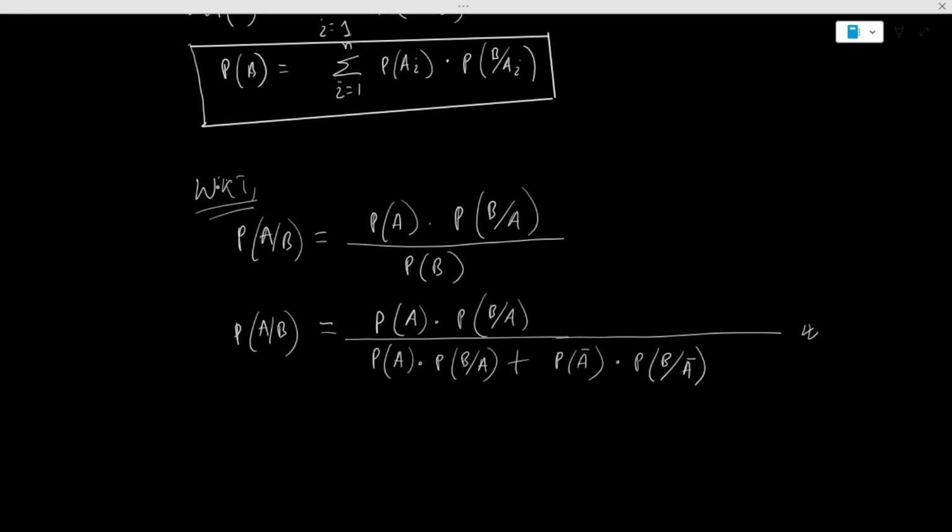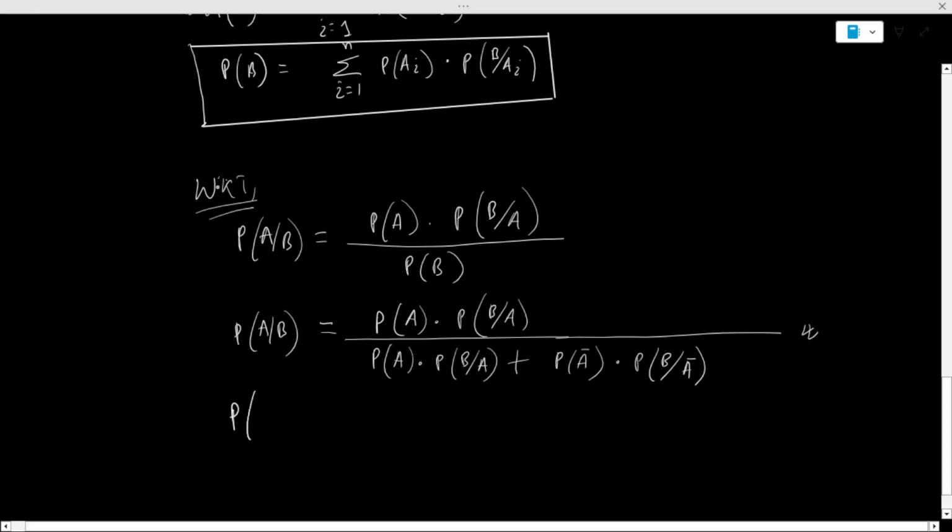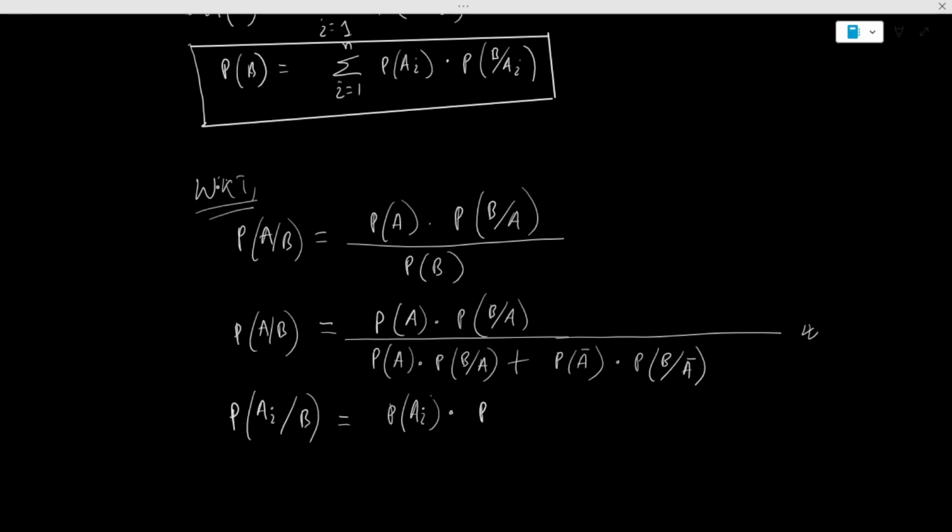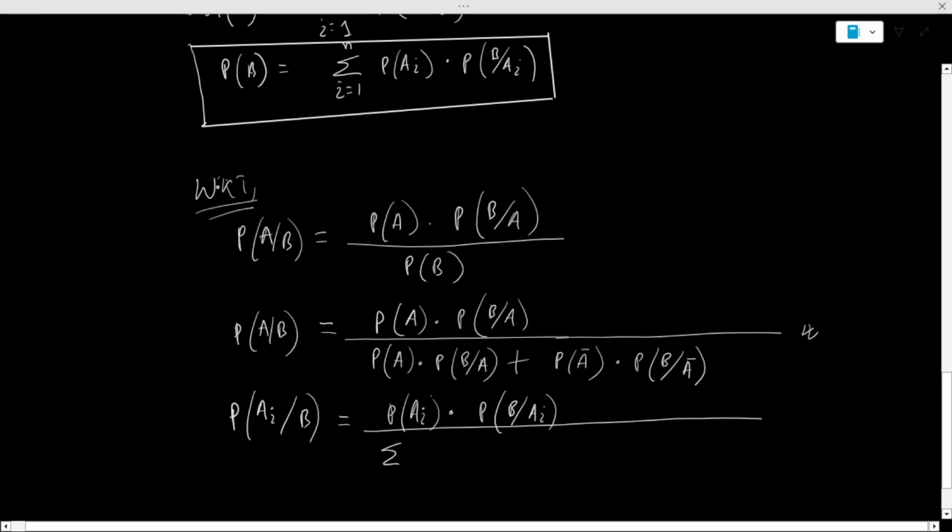In our second case, let us say what is the probability of getting Ai when we know B. This is equal to probability of Ai into probability of B conditional on Ai, divided by the summation of probability of Ai into probability of B conditional on Ai, where i ranges from 1 to n.